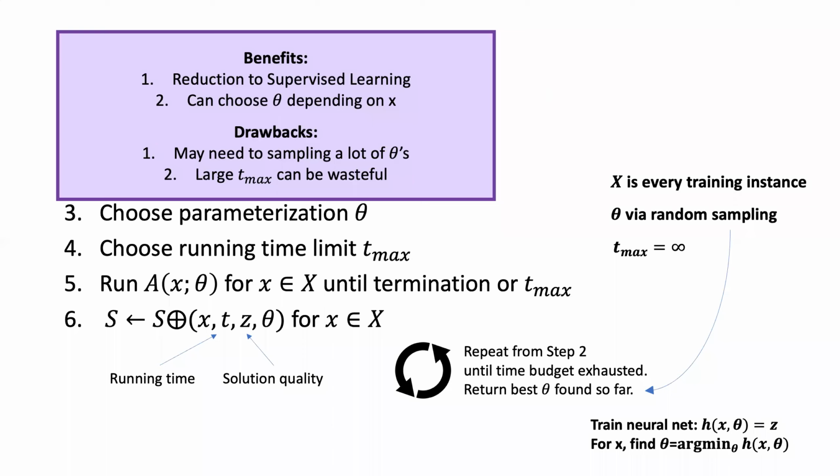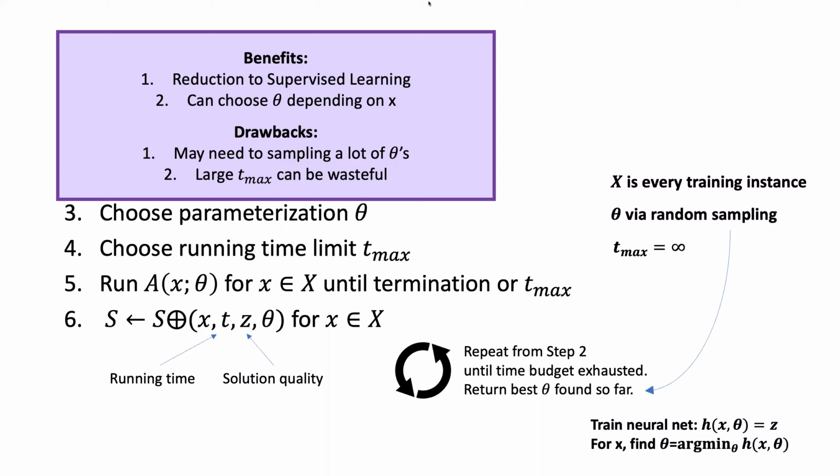We just committed to that theta at test time. Now, for any test time problem instance x, we can choose the theta depending on x. Different problem instances may benefit from different hyperparameter choices, and now we can do that with this approach. The drawbacks are we need to sample a lot of thetas and x's, and again, a large Tmax can be wasteful.